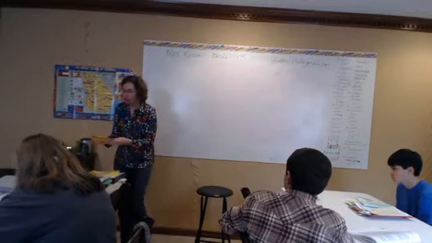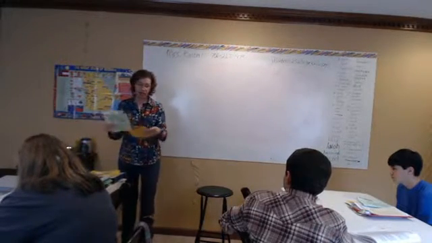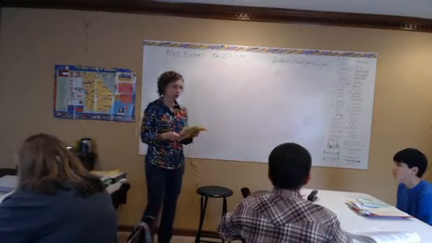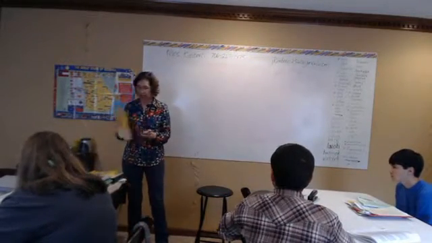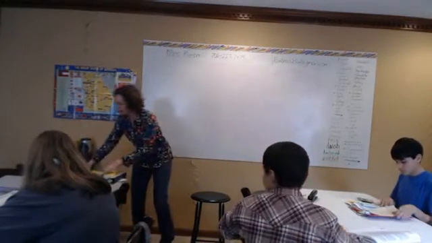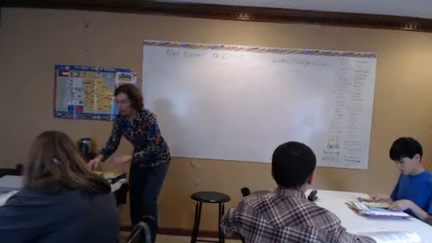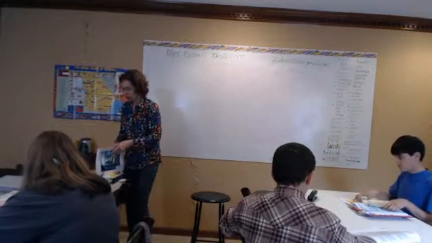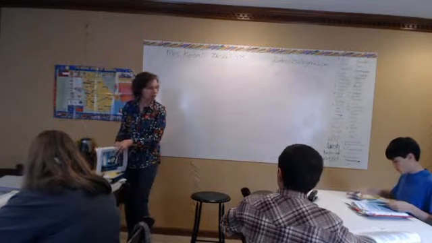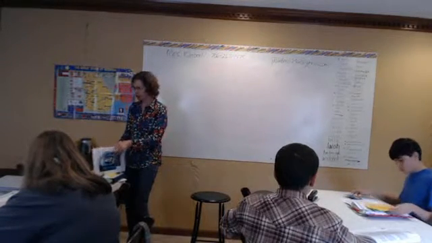So what we're going to do is go through a process where we pretend that we're getting ready to write a paper using books. And so what I want you to do is get out your composition notebook that you use for homework.